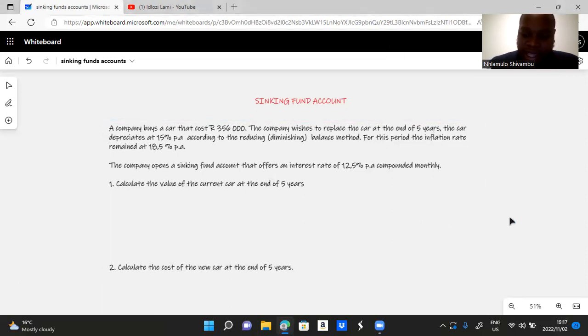So in this type of account, which we call the sinking fund, this account is an account that a business opens whenever they buy an asset. The business opened this account with the sole purpose of replacing the asset that they purchased in the future.